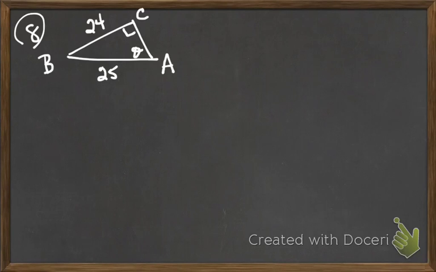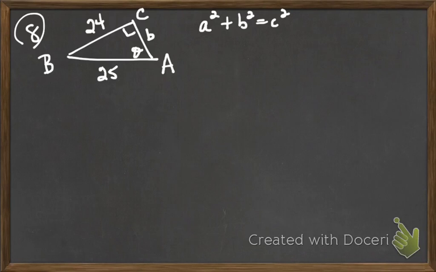Again, the directions are going to say use the Pythagorean theorem to find the missing side. So this time we're finding side B, little side B, because it's opposite of big angle B. So we're going to use the Pythagorean theorem. A squared plus B squared is equal to C squared. Remember, A and B are the legs of the right triangle, and C has to be the hypotenuse.